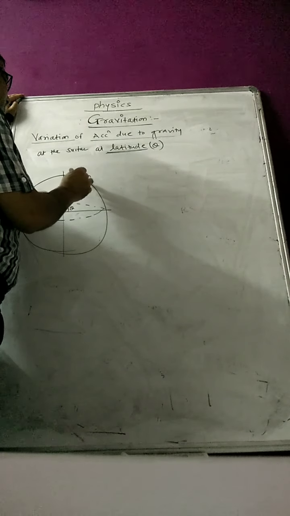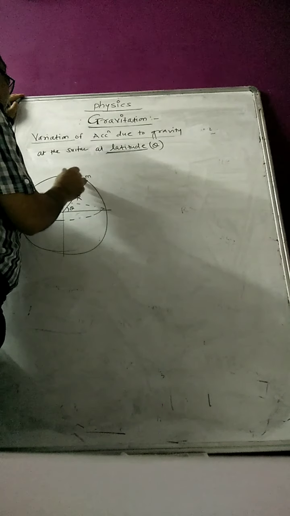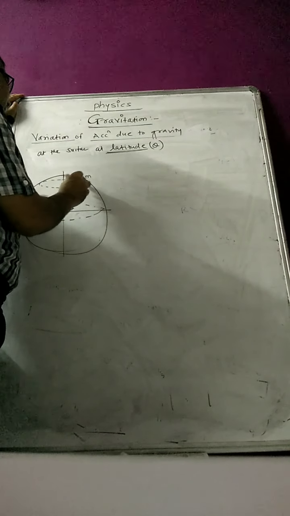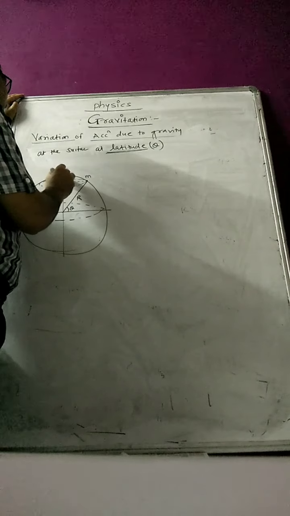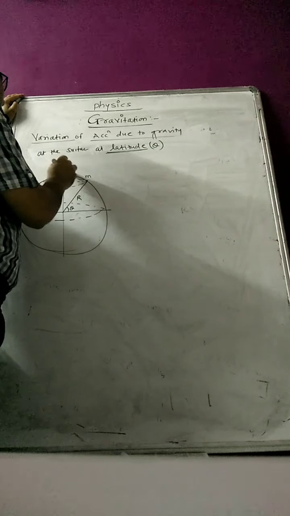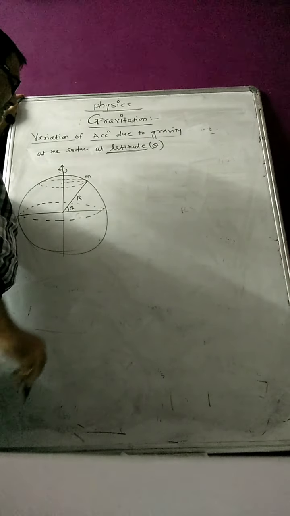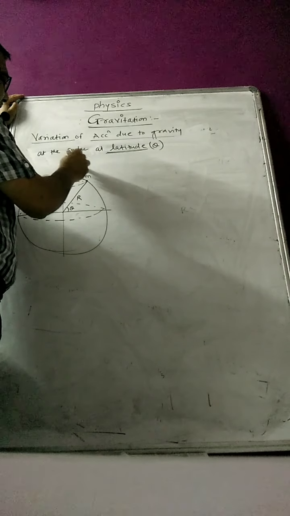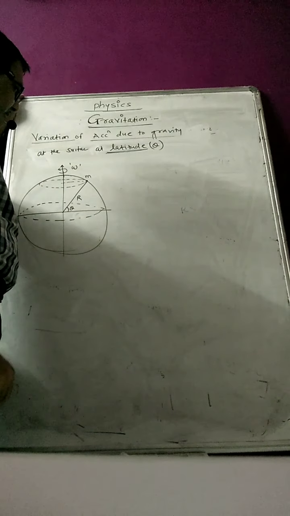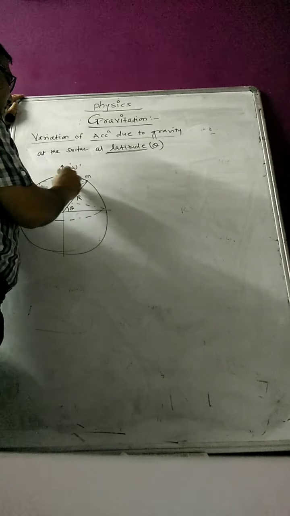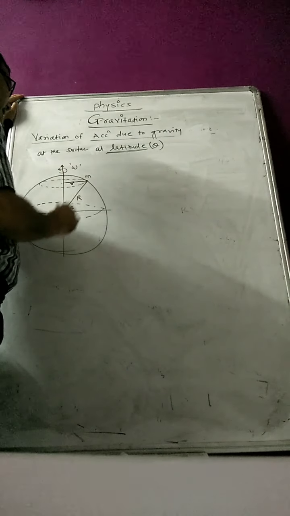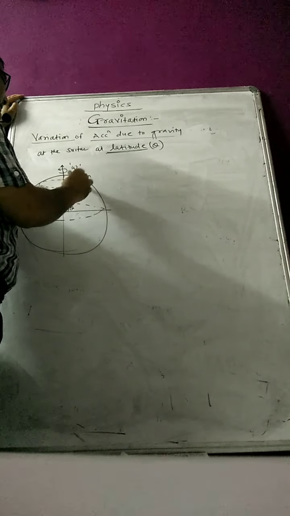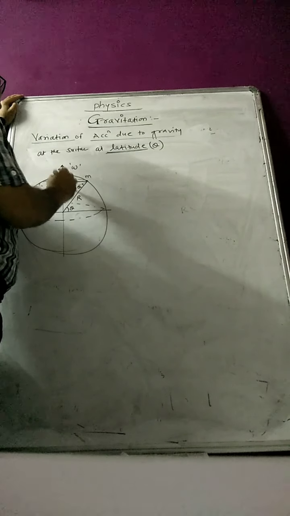Now this body is going to rotate about this axis, when the earth starts rotating about its own axis with the constant angular velocity omega. So this is the r, and this will again be theta, so now this angle is 90 degrees.